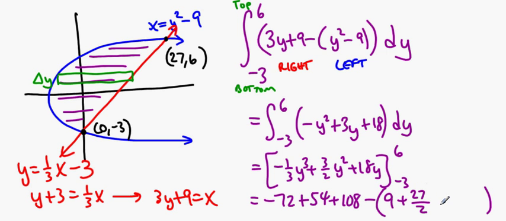This is 27/2. And then this thing right here is, oh goodness, negative 54. And so that whole thing, you punch a couple of buttons, and I think you get 243 over 2. I'm not positive about that because I did it really quick, but I think that's what you get.